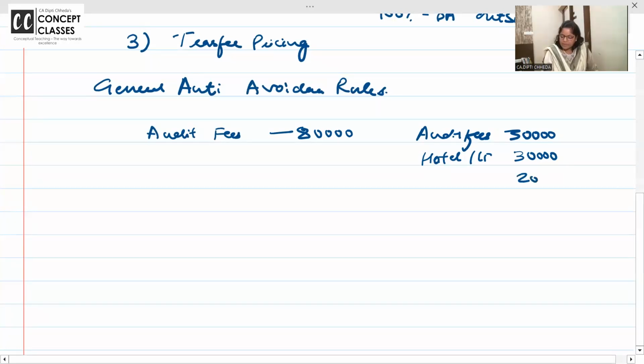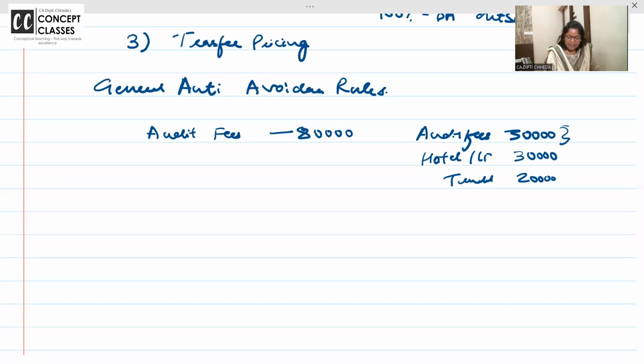And 20,000 was their traveling expense or like this. So I'm trying to say audit fees is this, which is not right. This is all a part of my audit fees. Are you getting? In a layman's term.